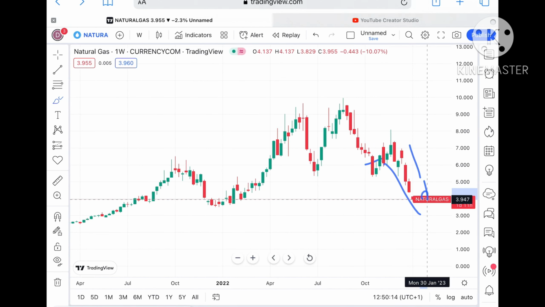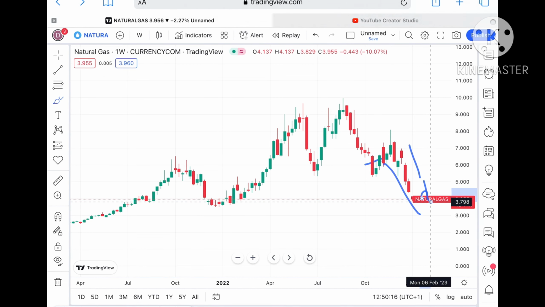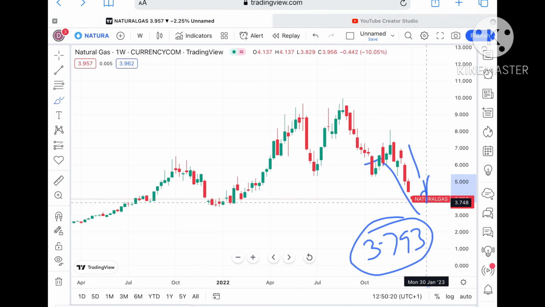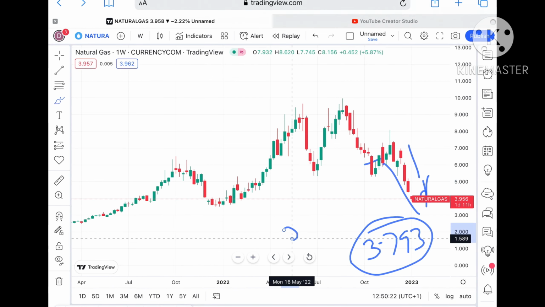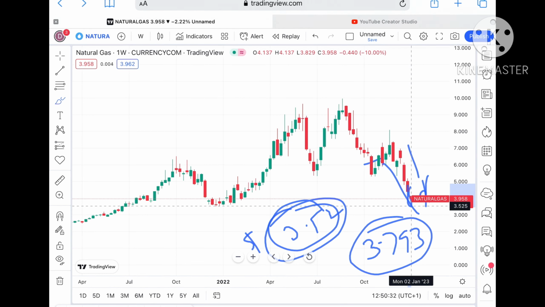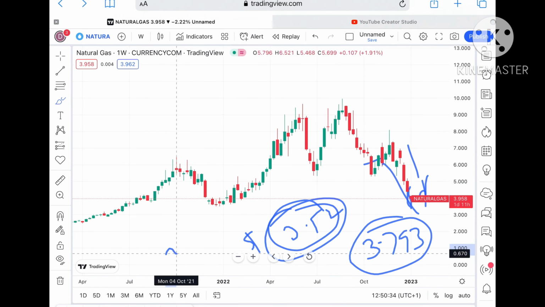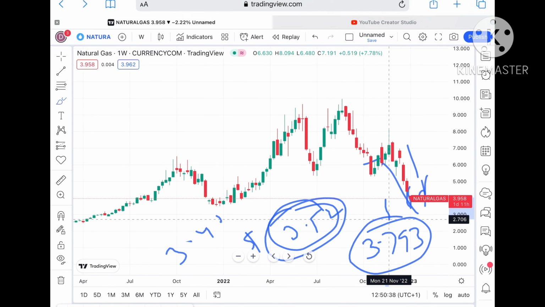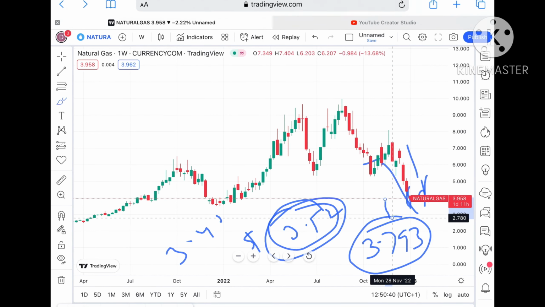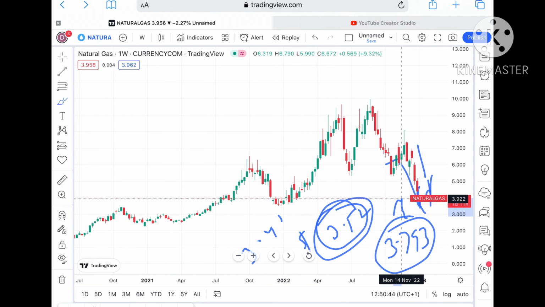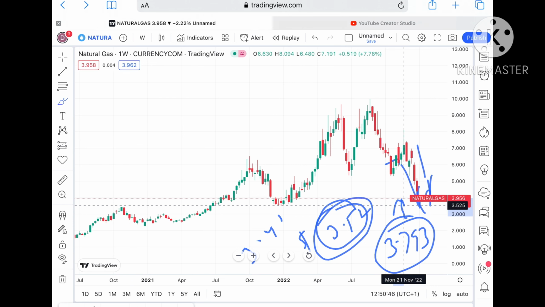We can see it go towards a level of $3.793, and once the price falls below this level, it can come towards $3.52, which is a weak support. It can go towards around $3.401, and if that level moves further low, then it can touch around $2.780. Again, I repeat, if the price moves below $3.8, we can see a level of $3.5.